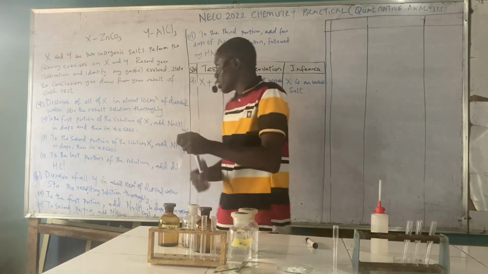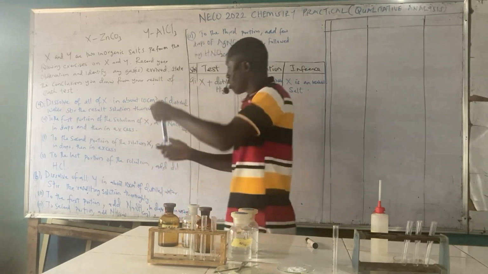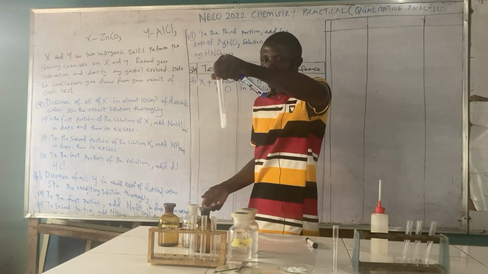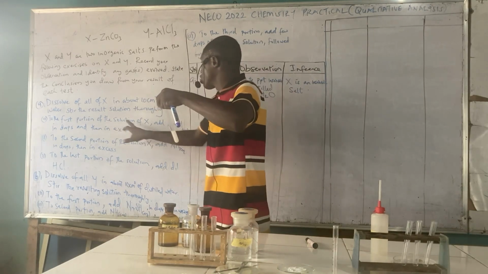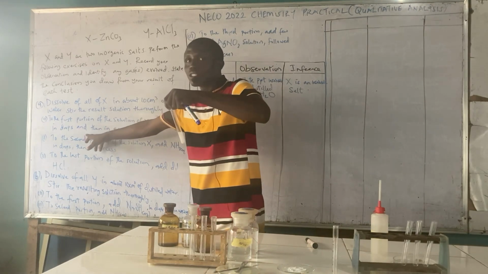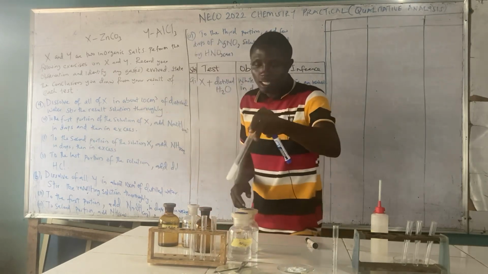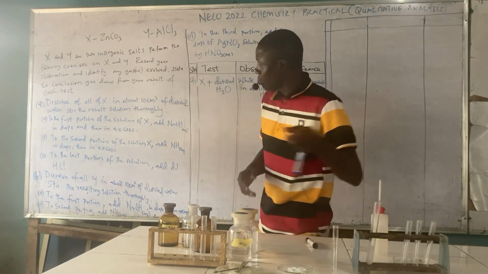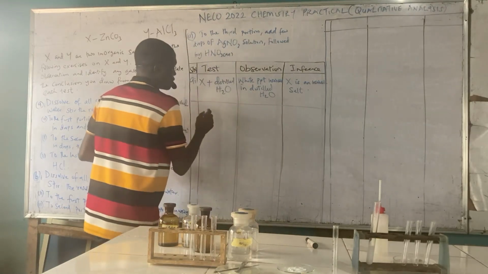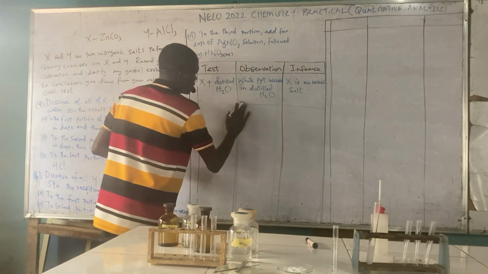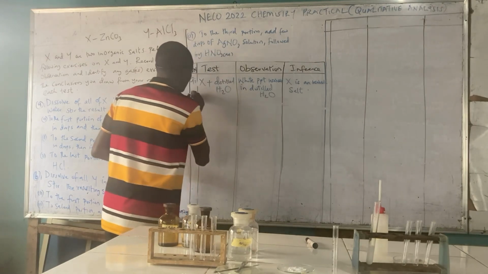Now, the next question says, to the first portion of the solution X, add sodium hydroxide in drops and then in excess. Now, let's first write the question out. Then I need to maximize my space here.